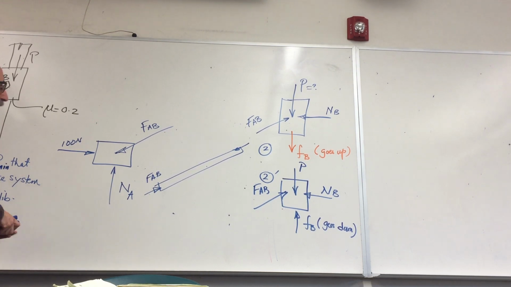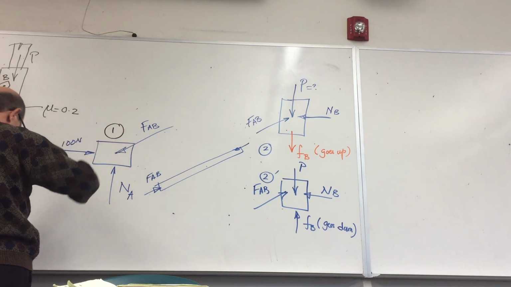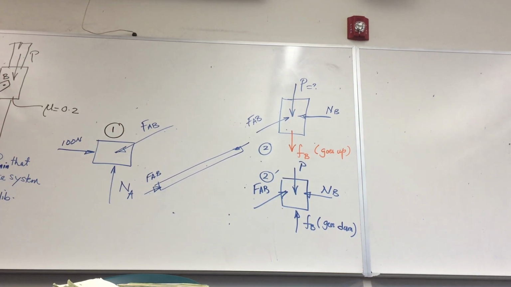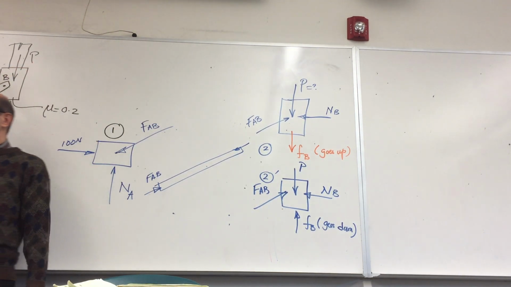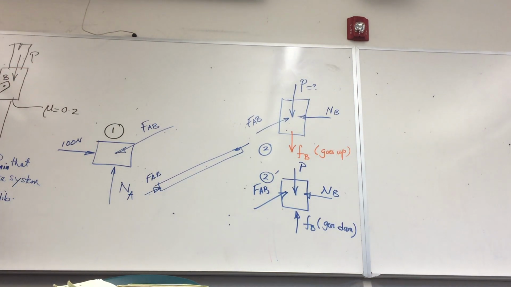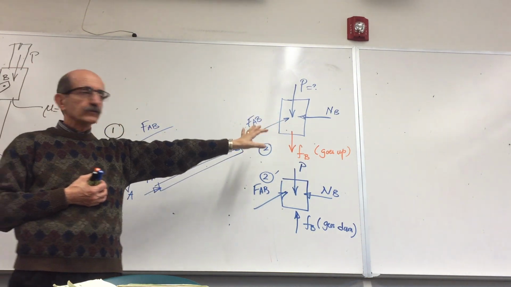So let's look at these two free body diagrams then. And again, I emphasize the difference between friction and frame problems. In frame problems, you need to find all the unknowns from these free body diagrams. In friction, you only need to find the unknown that the problem is asking you.